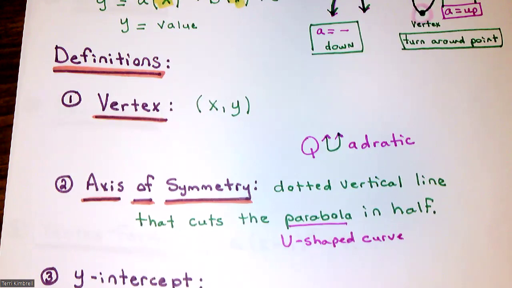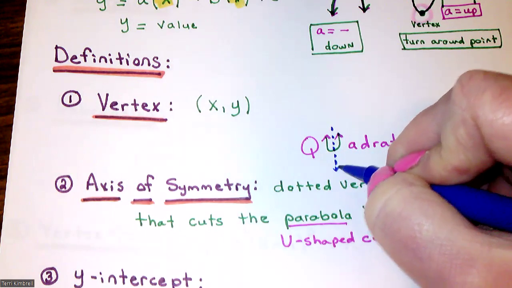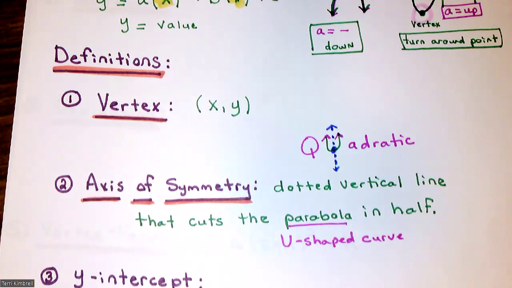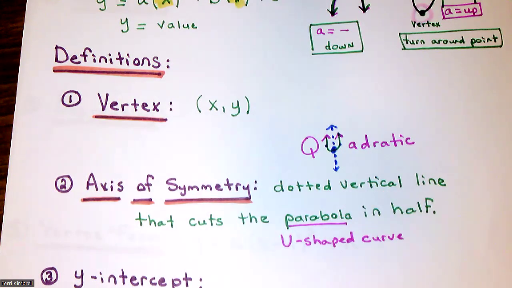The axis of symmetry is going to cut the parabola in half, which means the points on each side would be symmetrical. If I had an axis of symmetry, it would go right through the vertex, and it would cut the parabola in half, where the points would be symmetric on each side.